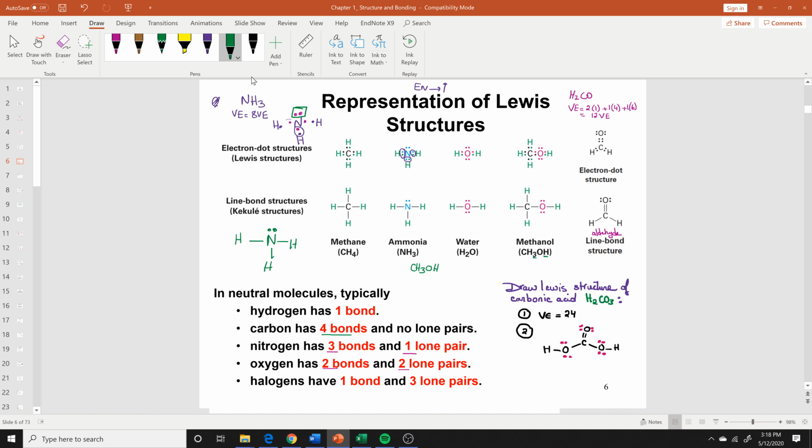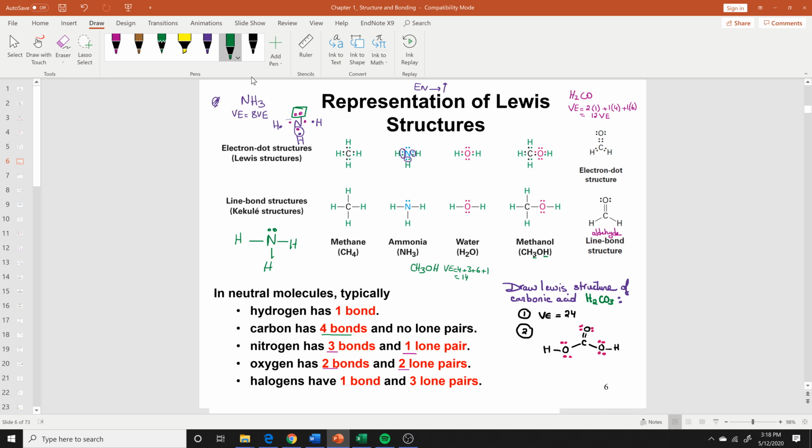I said CH3OH. So this means that the oxygen is connected to the hydrogen. First of all, get the valence electrons. So the valence electrons here are 4 plus 3 plus 6 plus 1. So this is 10, this is going to be 14. Valence electrons is always even.